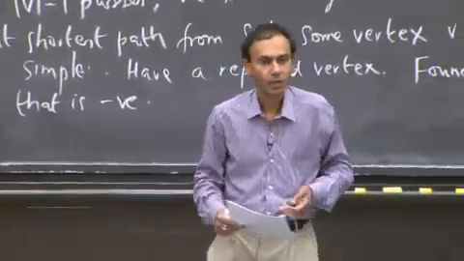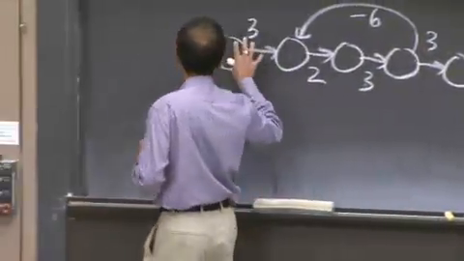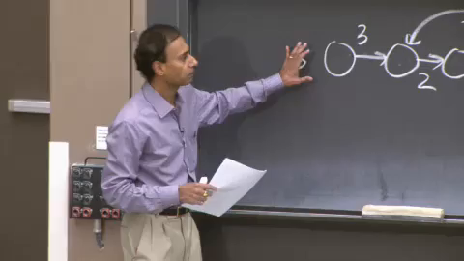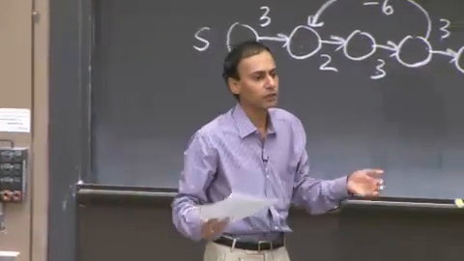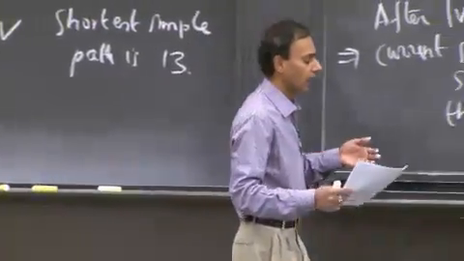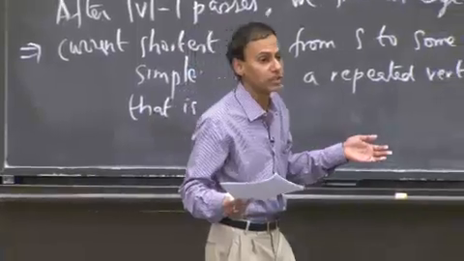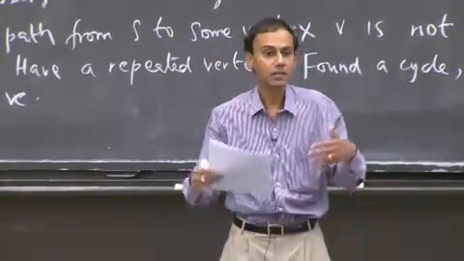Amazingly, all you've done is taken the shortest path problem and changed it ever so slightly. You said, I want to look for the shortest simple path in the general case where I could potentially have negative weight cycles in my graph. And when you do that, all bets are off.